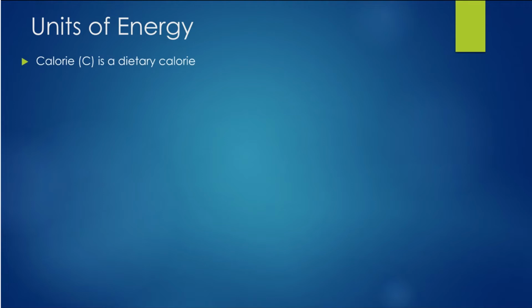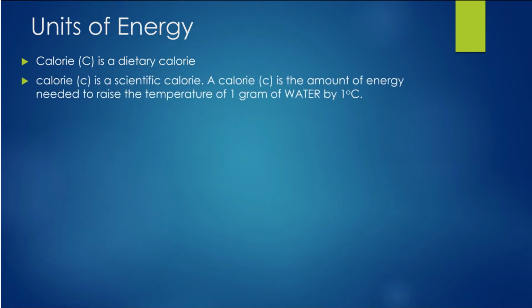All right, we have several units of energy. First of all, Calorie, notice a capital C. This is a dietary calorie. So these are the ones you've heard of, you've probably talked about with friends. In chemistry, we use lowercase calorie. So a calorie, lowercase, is the amount of energy needed to raise the temperature of 1 gram of water by 1 degree Celsius.